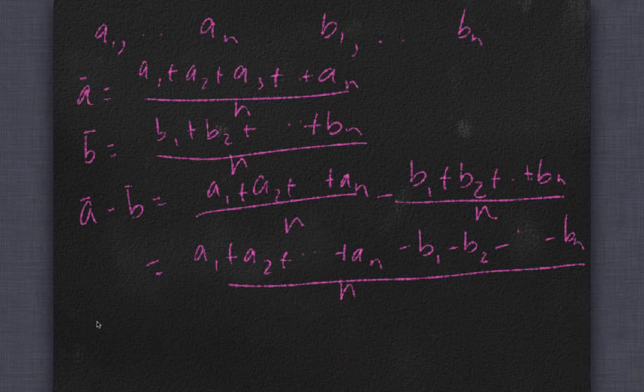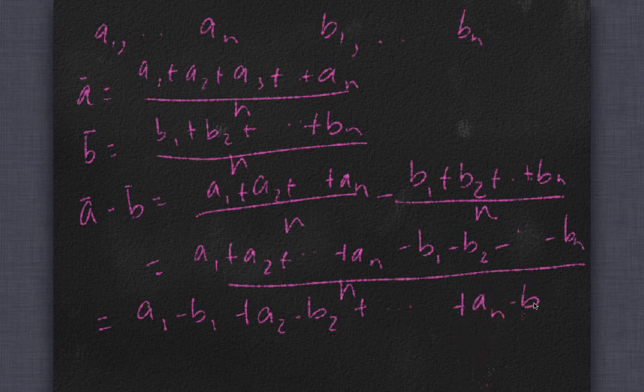If I wanted, I could just reorder things. I could just say A1 minus B1 plus A2 minus B2 plus down to AN minus BN. So all I did was move each of these over into their slot.